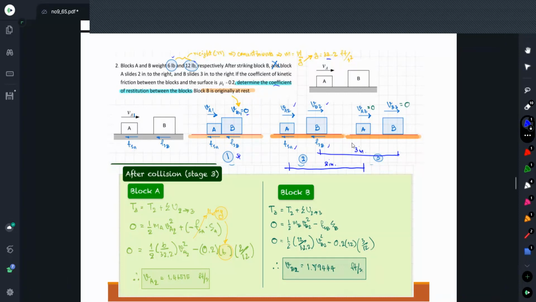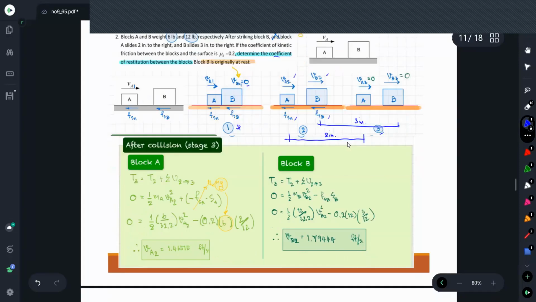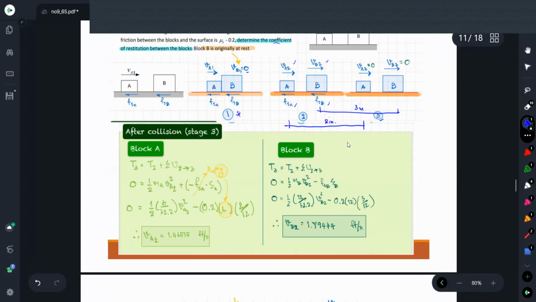We consider the final state first, that is state number 3. Because it is under friction, we have to apply the principle of work and energy. The kinetic energy at the final position is equal to the kinetic energy at the second position plus the work done from 2 to 3.